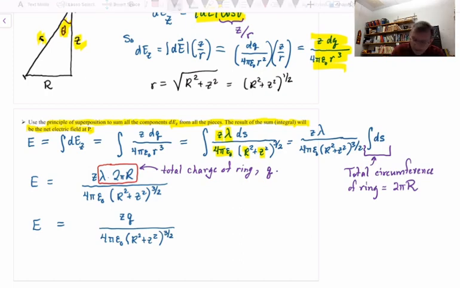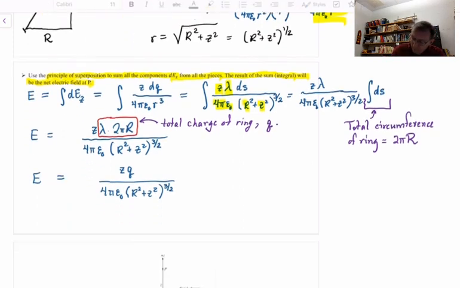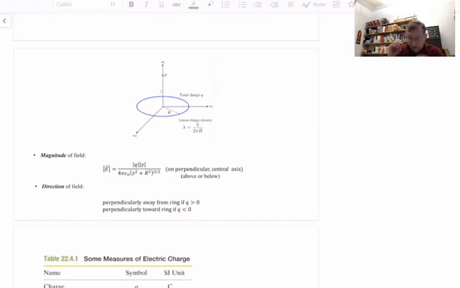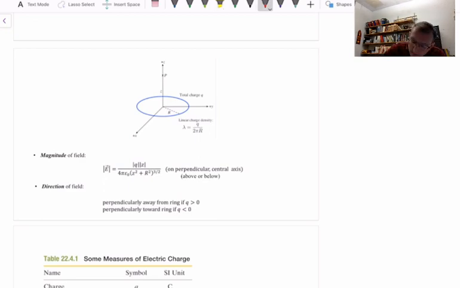So here's the result in a picture with some equations. Okay, there's a picture of the ring again. It centers at the origin. It's in the xy plane. It's got a radius big R. The point P is up here on the z-axis, distance z from the center, total charge Q. Here's the formula for the magnitude of the ring.